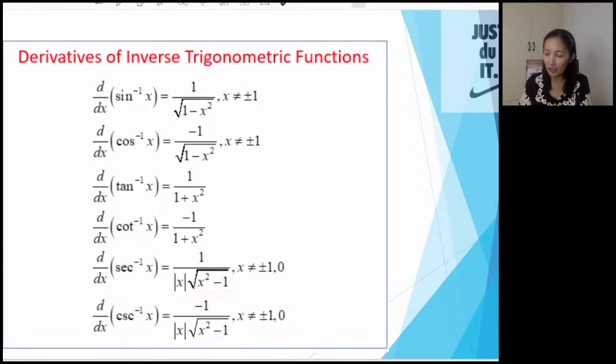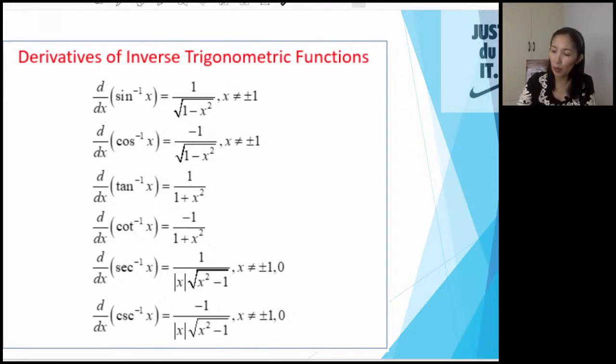And the derivative of arccosecant of x is negative 1 over the absolute value of x times the square root of x squared minus 1. Again, this pair are also co-functions, secant and cosecant. Now let's show the derivation of the formulas so that you don't have to memorize.